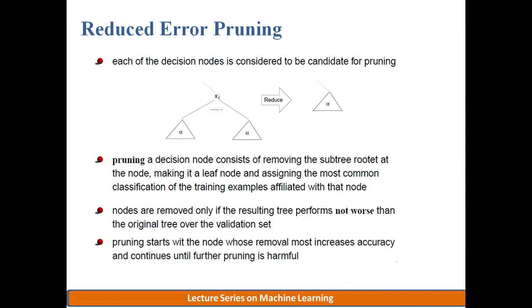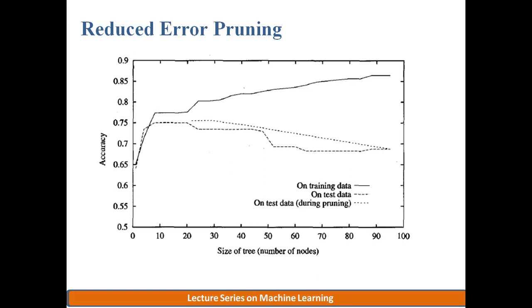The impact of reduced error pruning on the accuracy of the decision tree is depicted in this figure. If we compare this with the earlier one, we have introduced another line between the dashed line and the solid line.